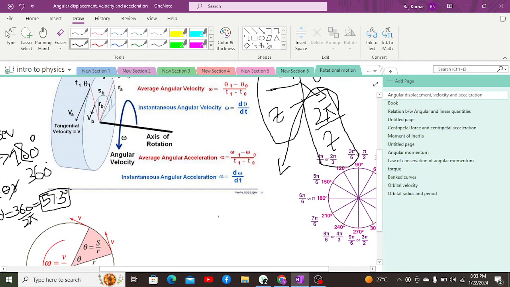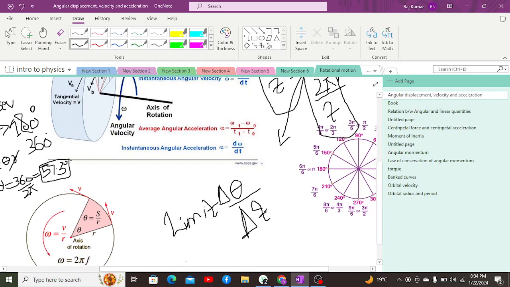At any instant, if the angular velocity is taken, then that velocity would be considered as delta theta upon delta t. Of course, there's a derivation for it, we are only going through it in one shot. One more thing here, if you are to apply instantaneous, then we need to apply a limit, and the limit will be applied on the increment of delta theta upon delta t.